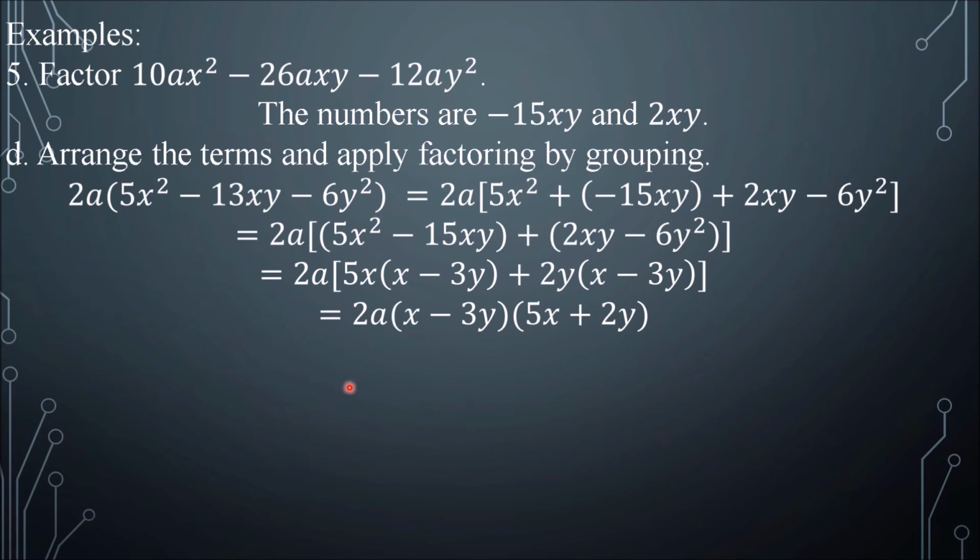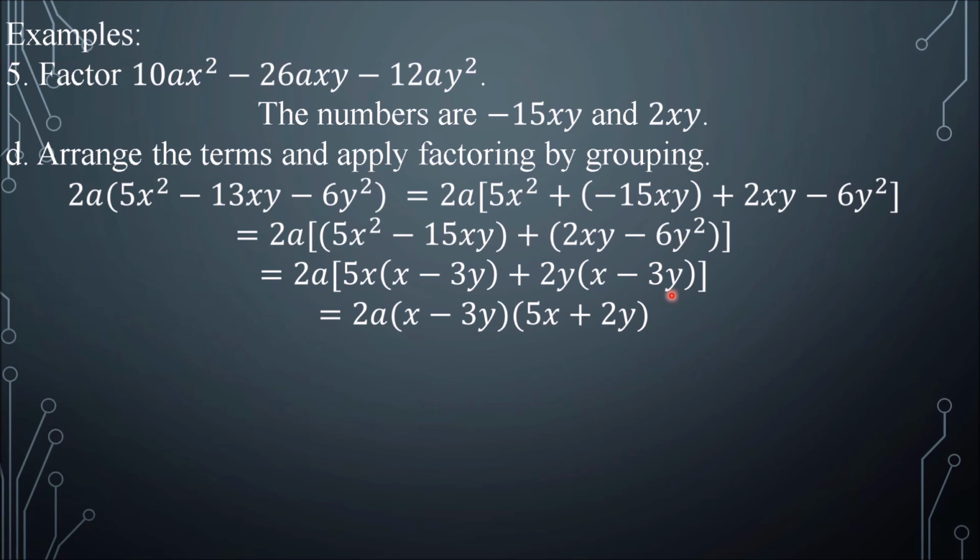Next, we get the common monomial factor in the first group. 5x squared has 5x, 15xy has also 5x. Or 5x squared is divisible by 5x, 15xy is also divisible by 5x. Now, after dividing by 5x, we have x minus 3y as the remaining factor. Here, in the second group, 2y is the common monomial factor. And after extracting that, the remaining factor is x minus 3y.